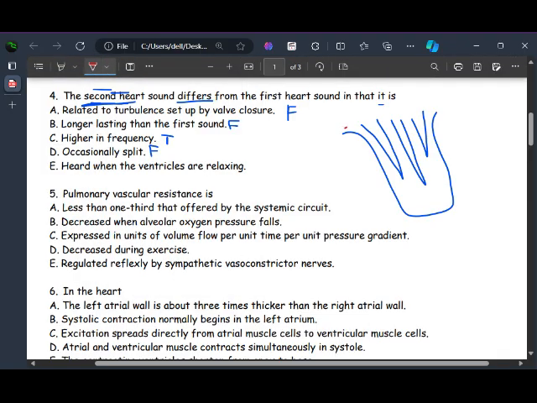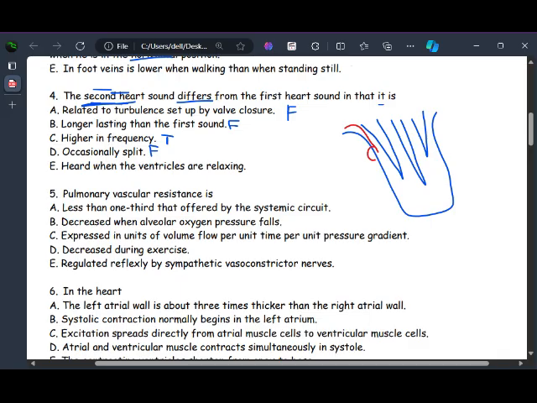So if blood enters here, let's call this part the atria, and then this is the pulmonary artery. If the ventricles are relaxing, this part, then that means blood is being drawn into the ventricles.